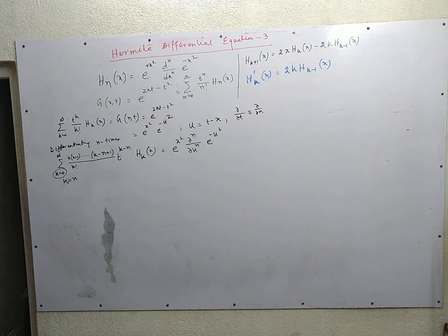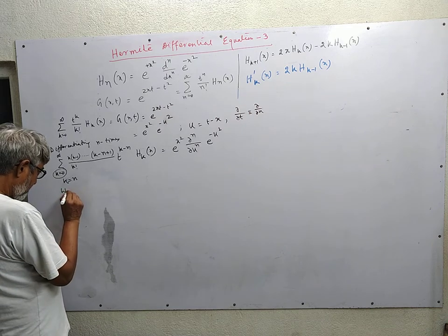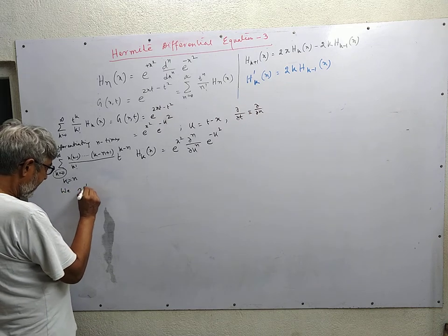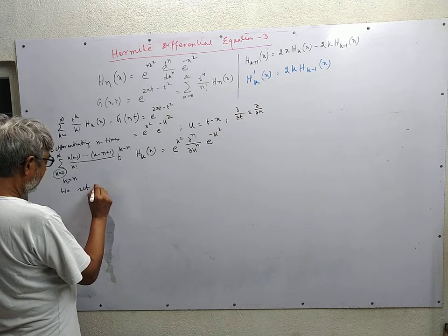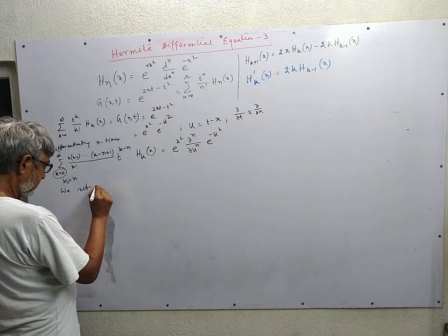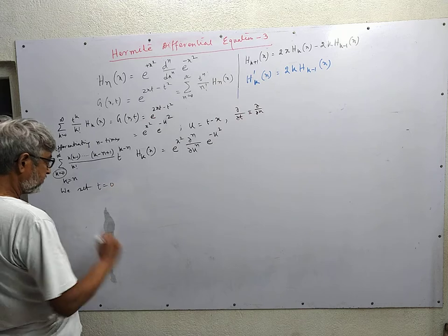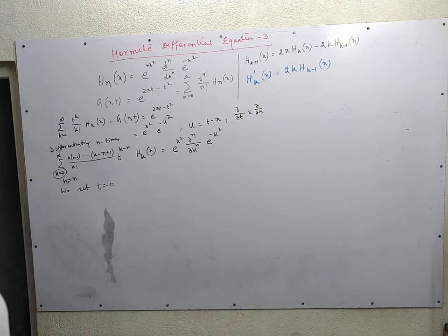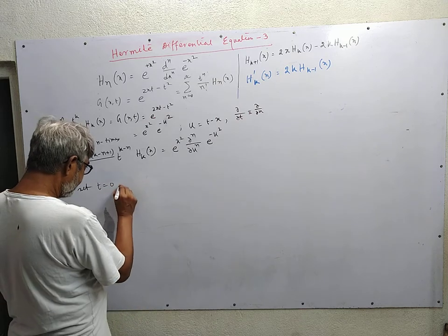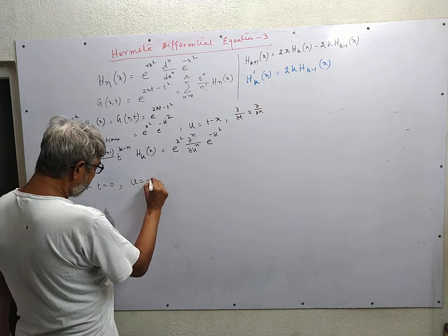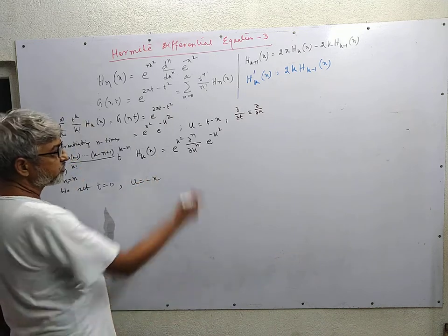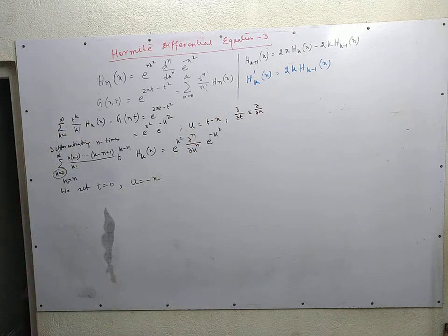Now we set t is equal to 0, in which case u becomes minus x, because u is equal to t minus x, and t is equal to 0, u is minus x.